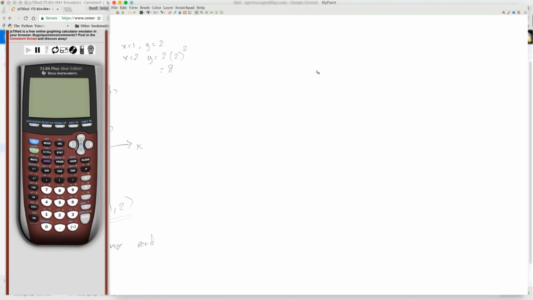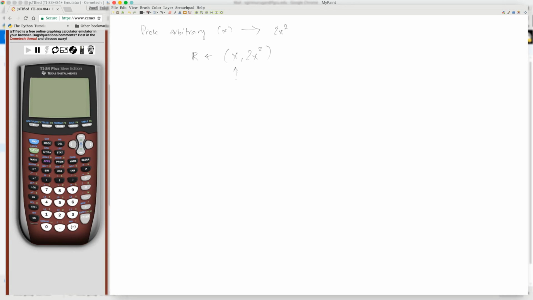A more generic approach would be to pick an arbitrary x. Instead of 2, 8, we'll just have an arbitrary x, and the corresponding y would be 2x squared. Now let me call that R. R would be my point, which is x comma 2x squared.